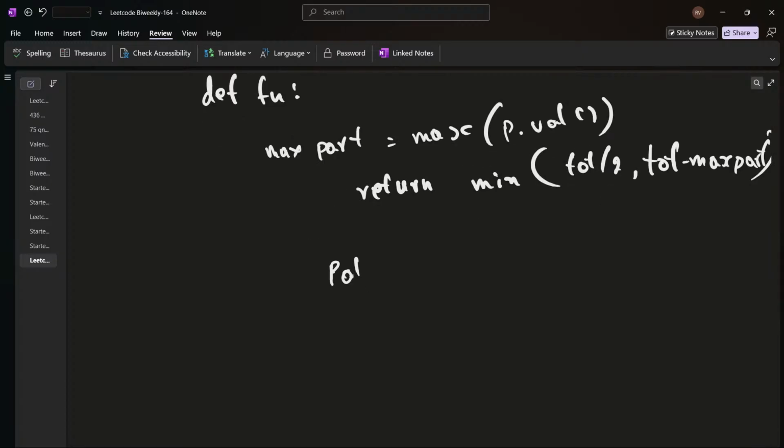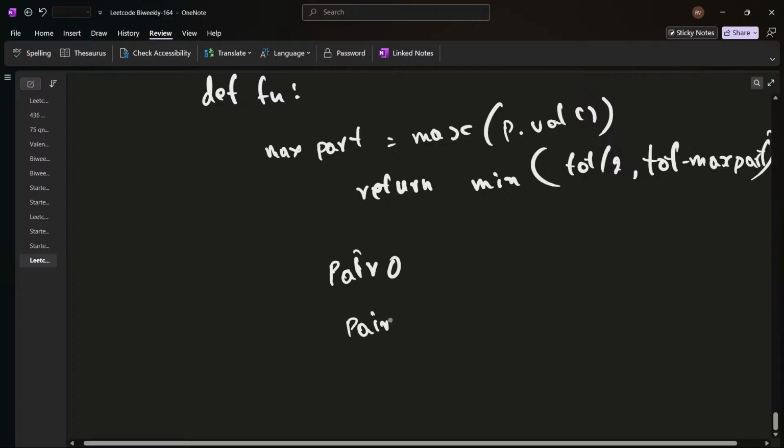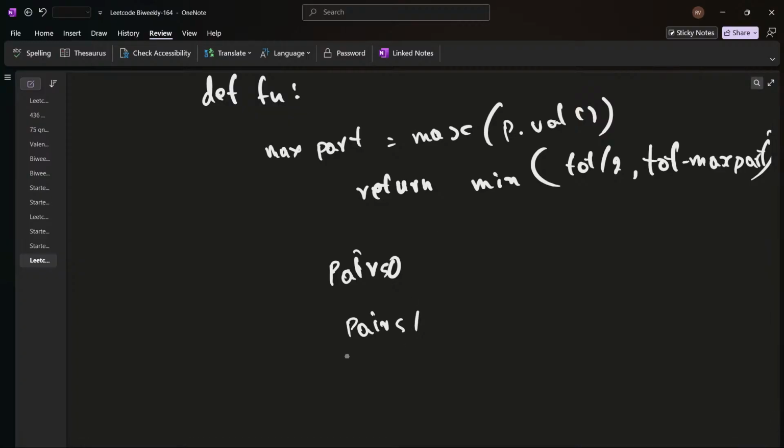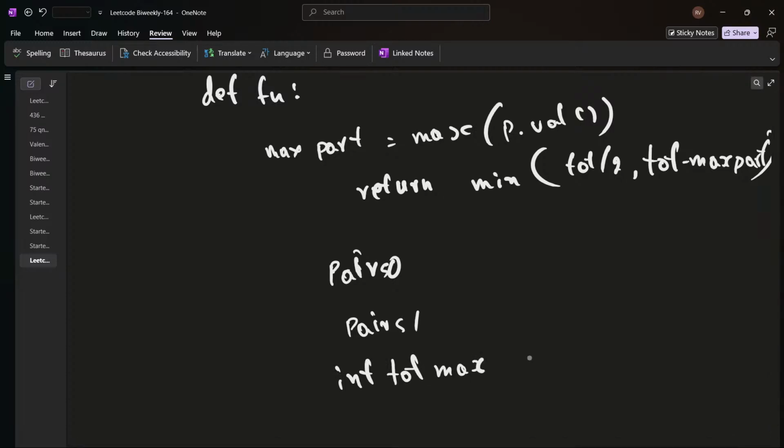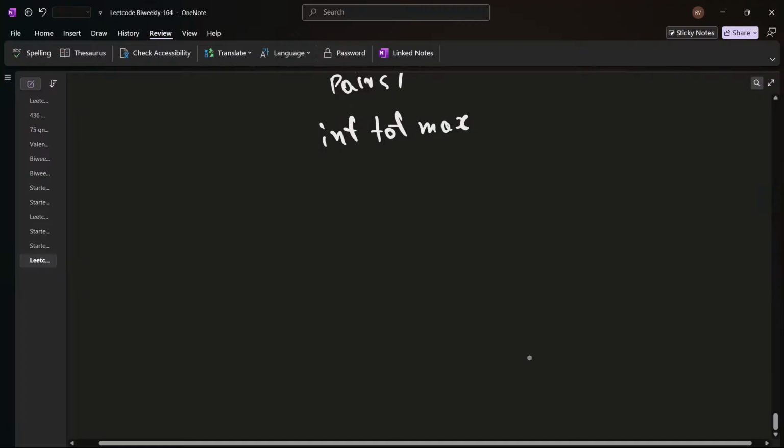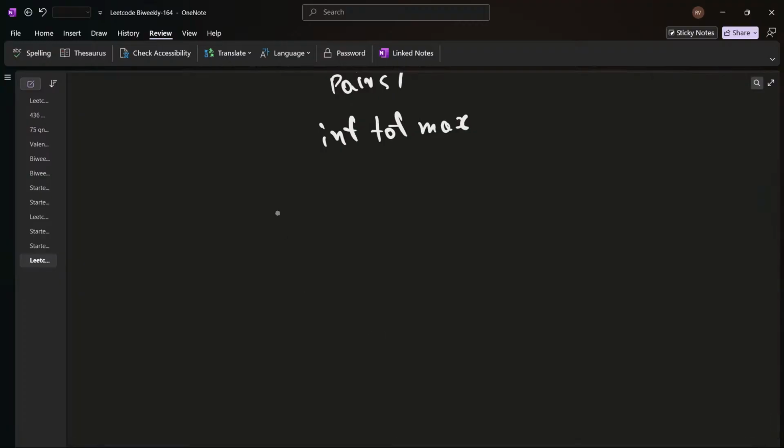Pair 0, pair 1, pair 0, pairs 1, and internal pair, internal total max. After that, I'll take R and C. I've told what R is and what C is.